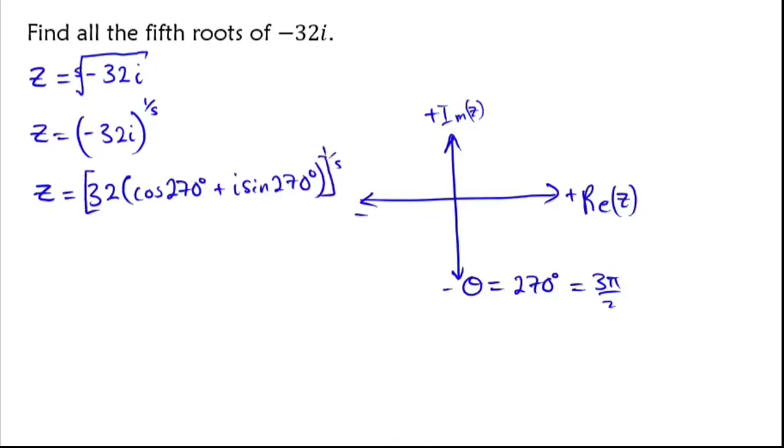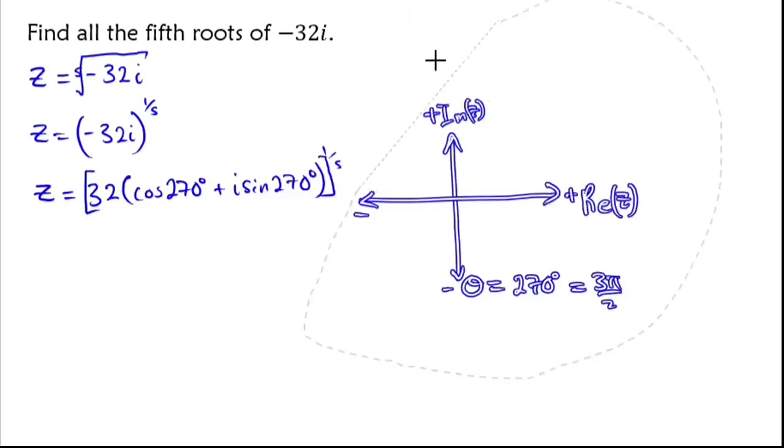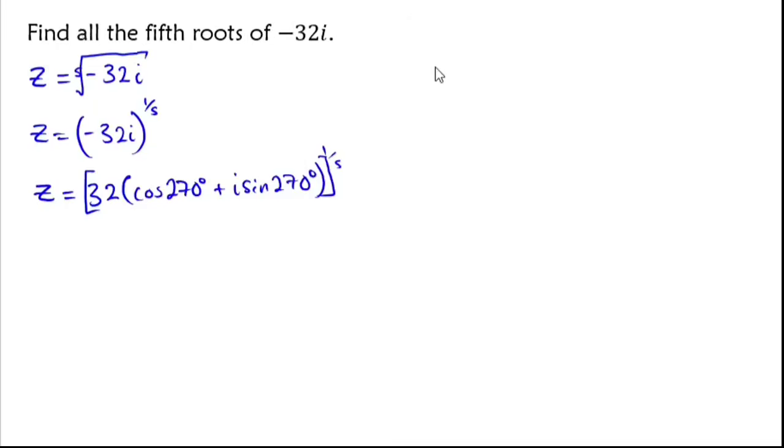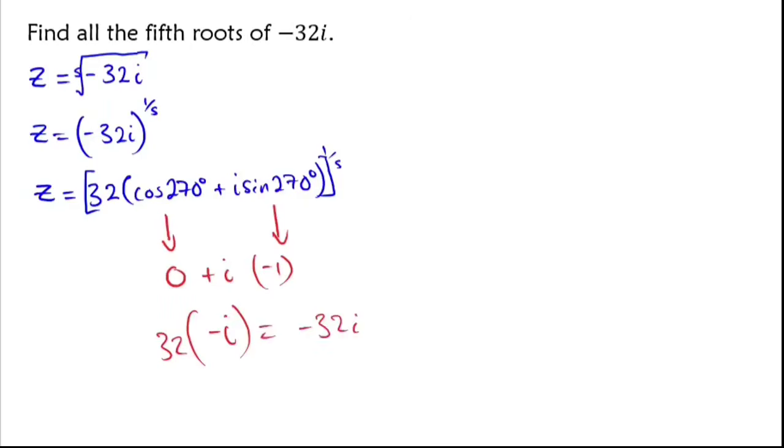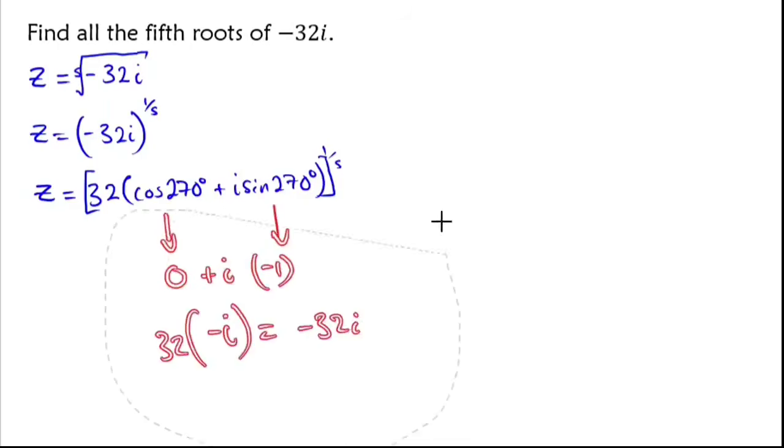Now these two are the same, because cos 270 is 0, and sine 270 is negative 1. Let me just show you what I'm talking about. This part here gives us a 0. This part here gives us a negative 1. So this means that I just have negative i, and if I multiply with that 32, which is outside, I'll still get back negative 32i. So we've written this in polar form.